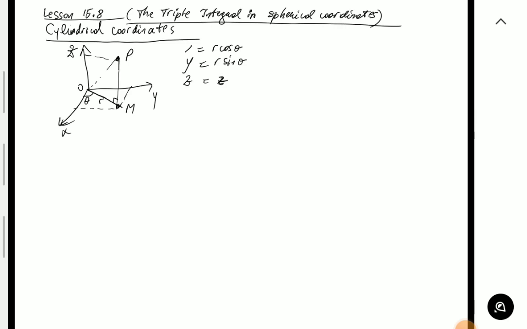So that's the idea. Instead of identifying the point by x, y, z, you can identify the point by r, theta, and z.